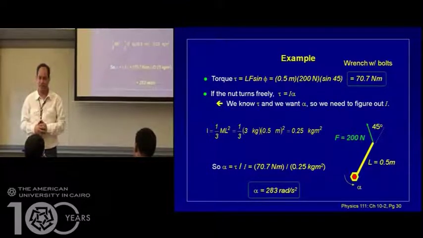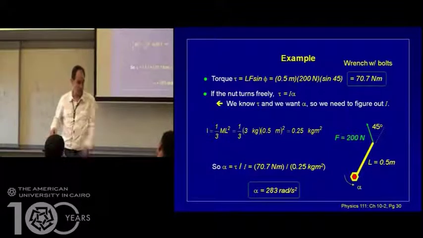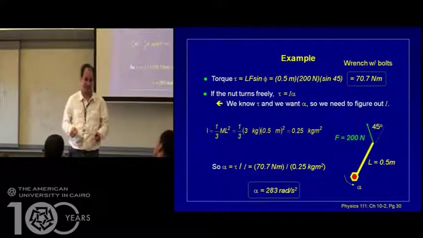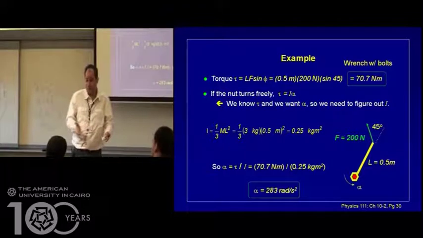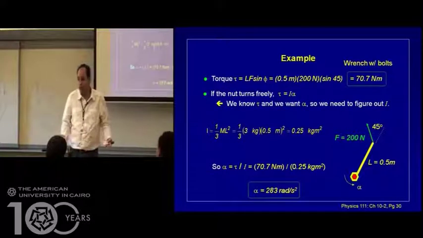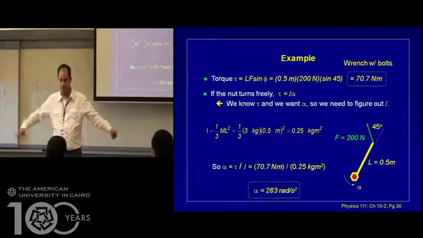They do that to increase the arm, because what makes that thing rotate is not how much force you put in it. It's the torque. You can increase the torque by putting in the maximum force, and if you still cannot loosen it, the other way is to increase R.